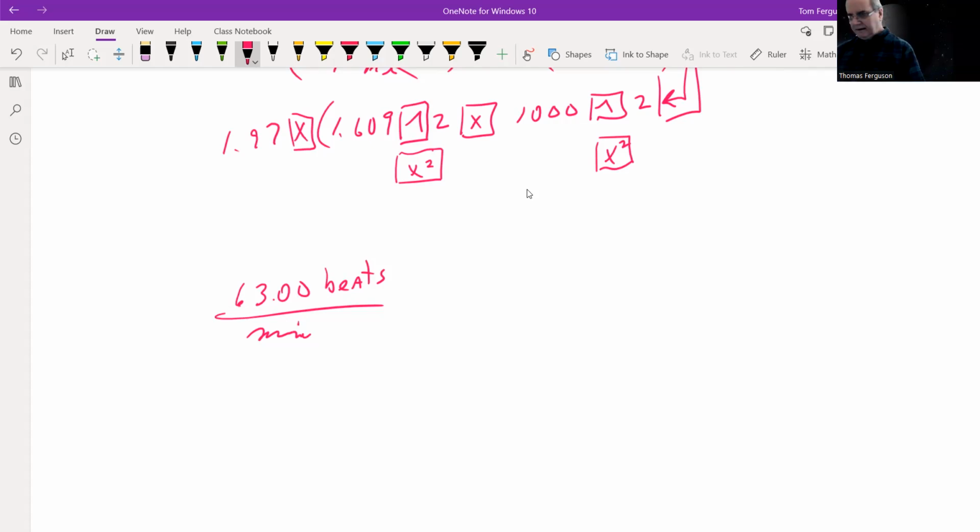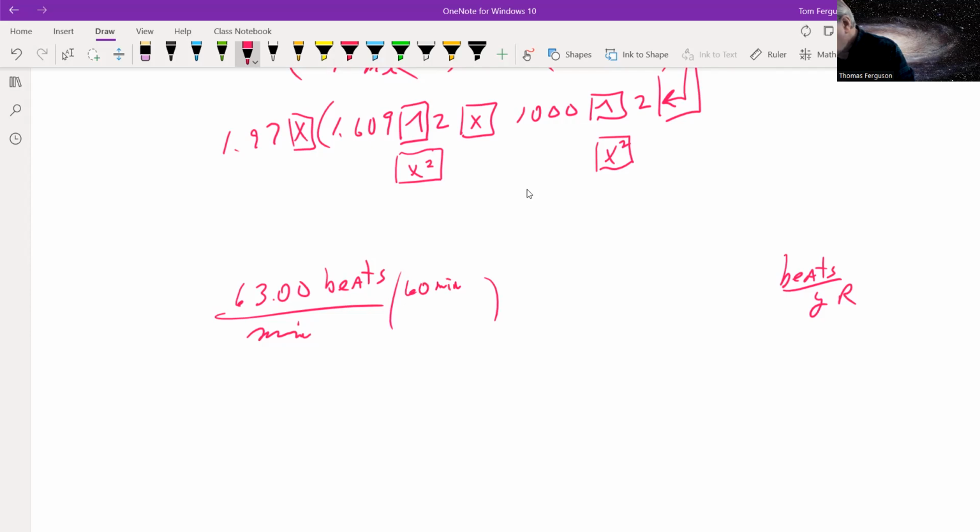So the answer we want is beats per year. Now, the numerator is already in beats, so we don't have to do anything with the numerator we're starting with. We have to deal with the minutes. So we're going to get minutes to years. So that's what the conversions are going to be doing. An hour. Again, that gets us to minutes.